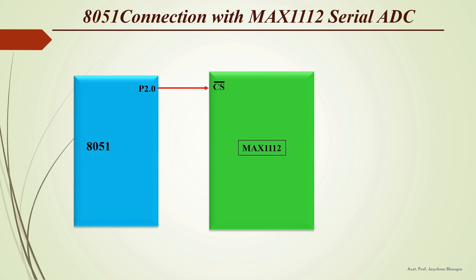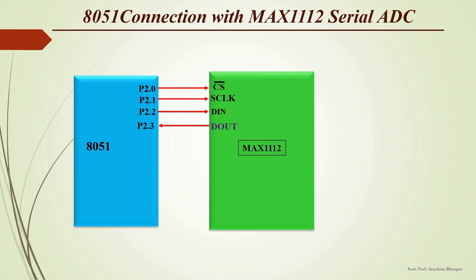So here the serial chip select input is connected to the P2.0 pin of the 8051. Then the serial clock pin is connected to the P2.1 pin of the 8051. The D in pin is connected to the P2.2 pin of the 8051, where we can send the control byte to the MAX 1112.